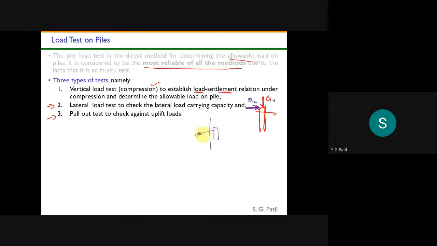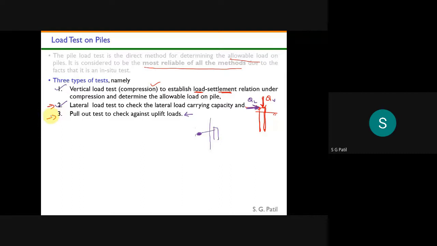So if you expect that some of your piles are experiencing this kind of pull-out load, then you have to test for the pull-out test also. Or if you are sure that your pile is only subjected to vertical and lateral load, then you can do only these two tests, and you can skip this test.